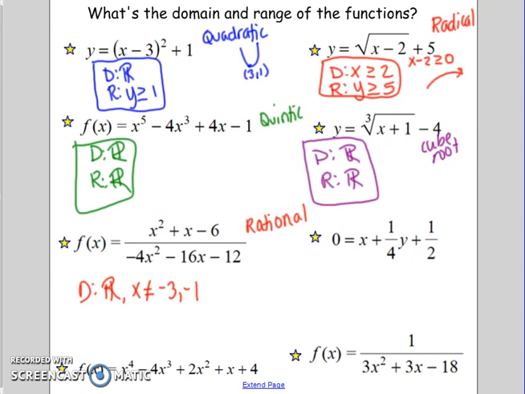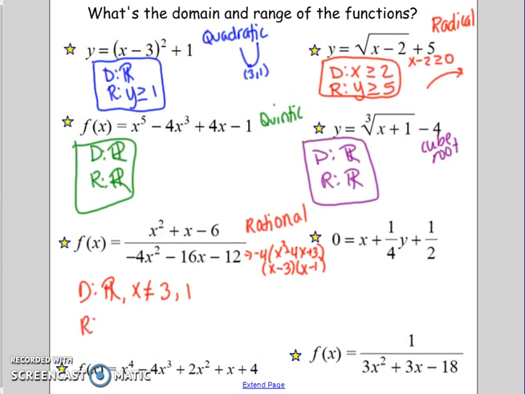If you take out the -4 from the denominator, you're left with x squared plus 4x plus 3. So multiplies to 3 and adds to 4, you're going to use 3 and 1. So you set those to 0 and you get -3 and -1. So, oops, my bad, x can't be -3 and x can't be -1.